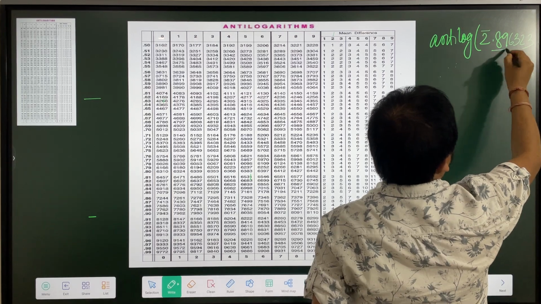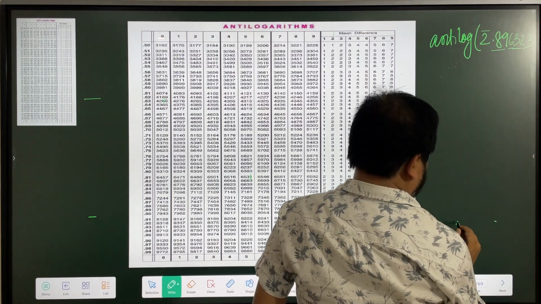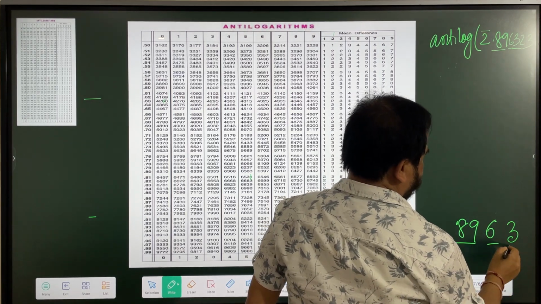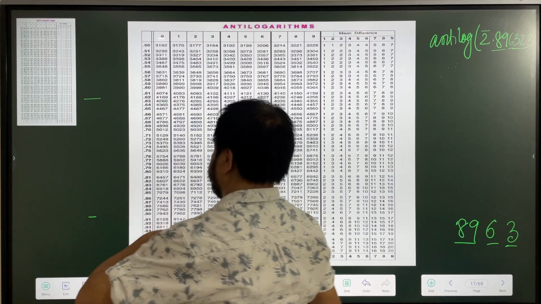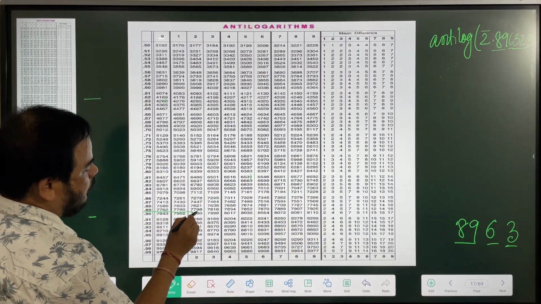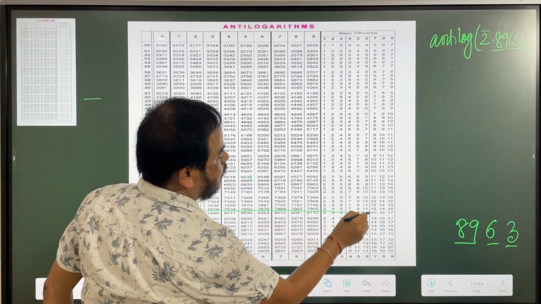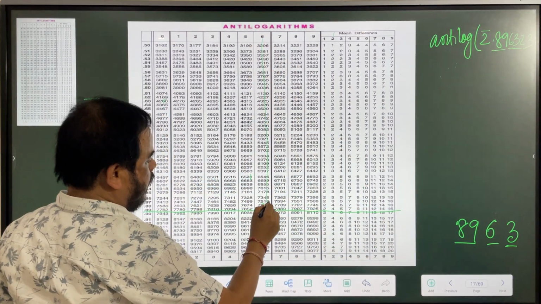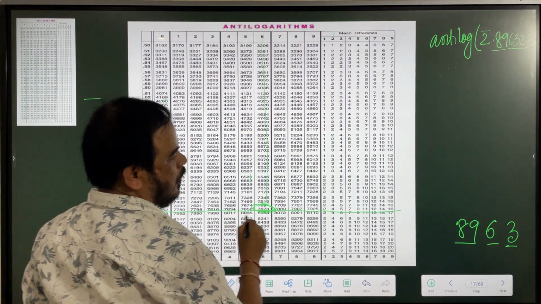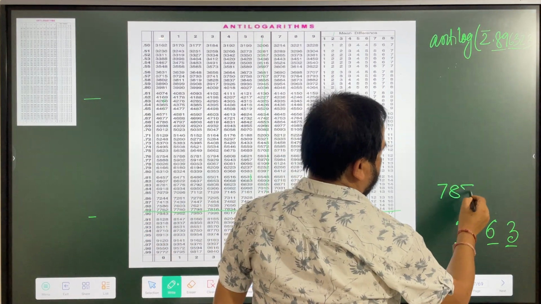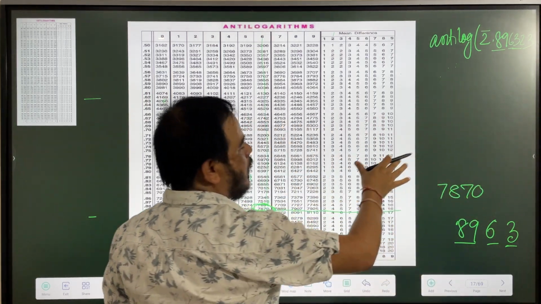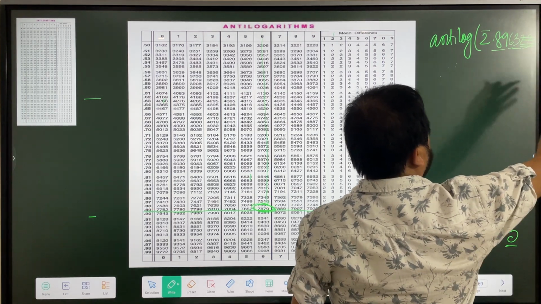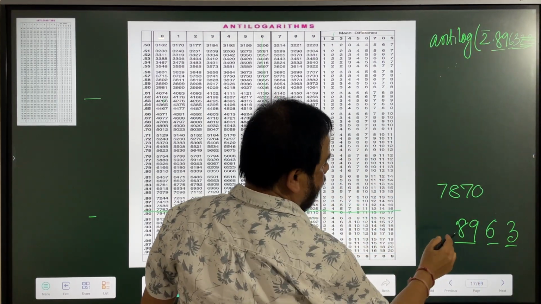From the book we can check. So we will go to 896 and 3. So 89, we will go to 89. Then 6. So 7870. Only I am taking 4 digits. In the book, it is taking 5 digits. Here 8963, the other parts neglected. No need, only 4 significant digits are required.